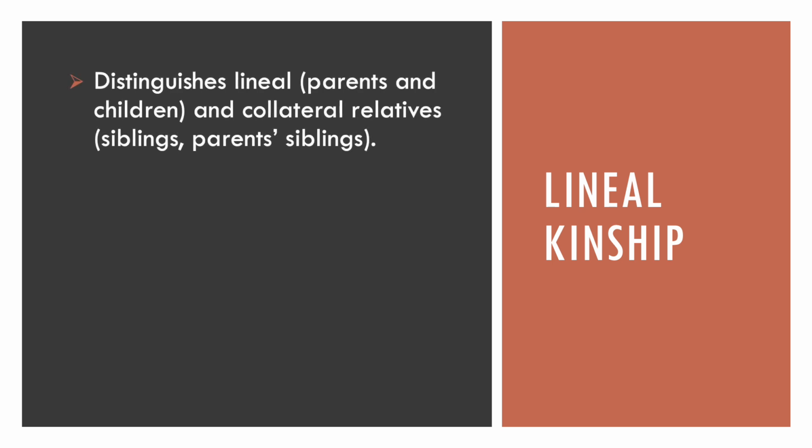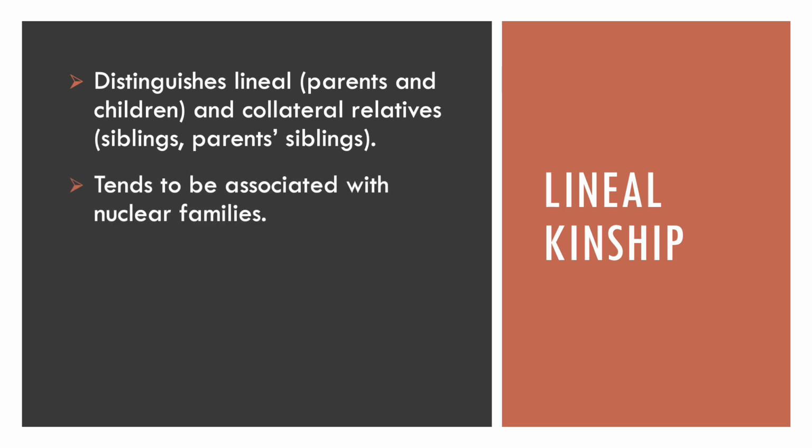So let's look at what is often called lineal kinship. And this is very similar or pretty much the same as Morgan's descriptive kinship. So it distinguishes lineal relatives from collateral relatives: parents and children from siblings, parents' siblings, parents' parents' siblings, etc. It tends to be associated with nuclear families, because if you look at a lineal kinship chart, and we'll do that in a moment, the nuclear family is really at the center of it.